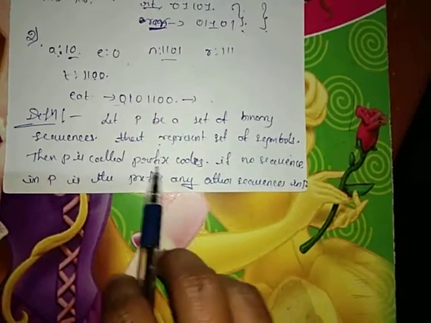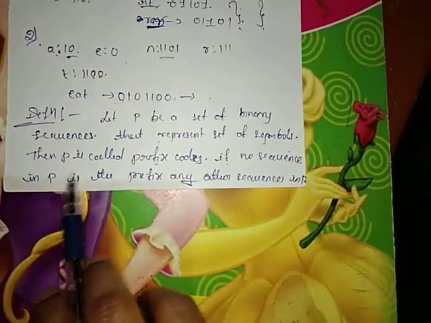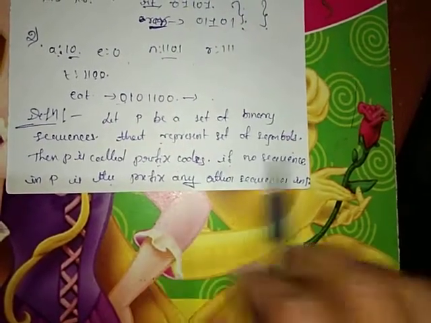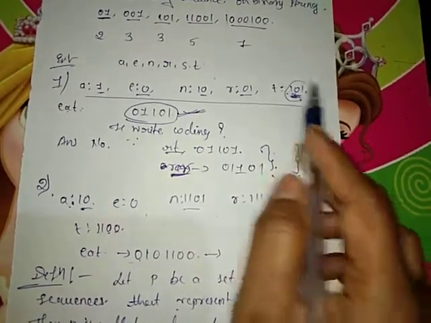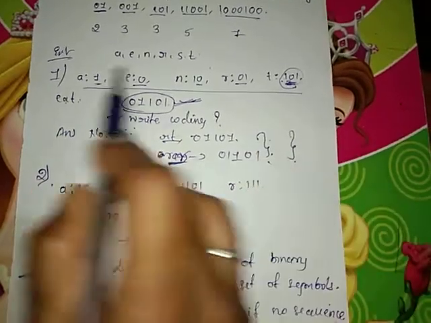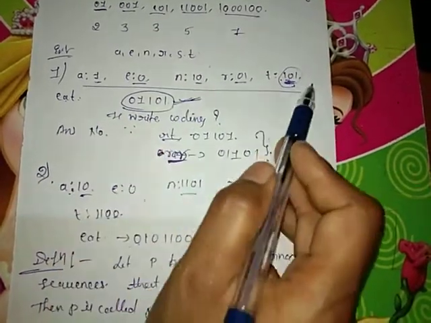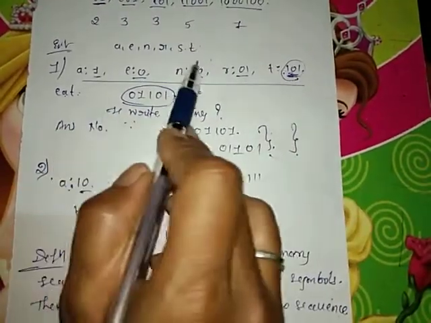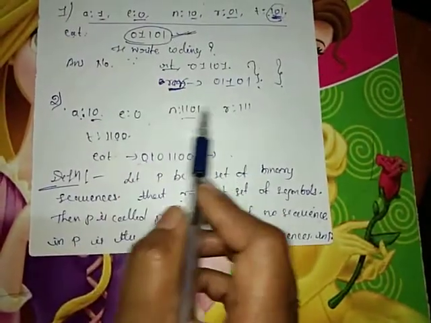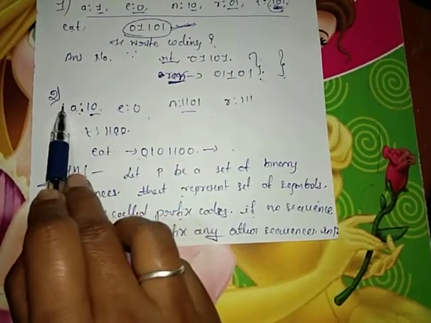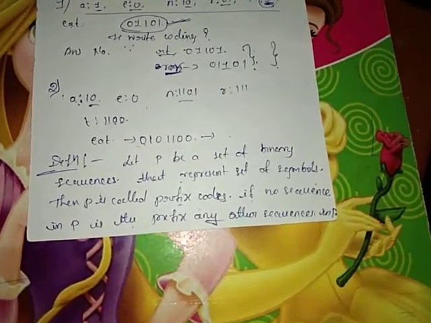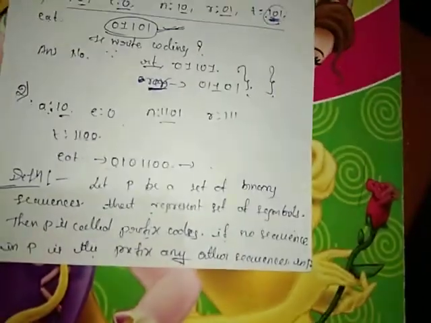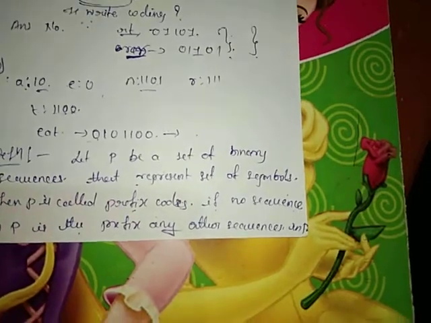Then P is called a prefix code if no sequence in P is the prefix of any other sequence in P. Here T is the binary sequence that is a prefix of A and N, means T is the combination of A and N. So like that, there is no sequence in this second example which is the prefix of any other sequence. So like that, we have to consider the sequences here.